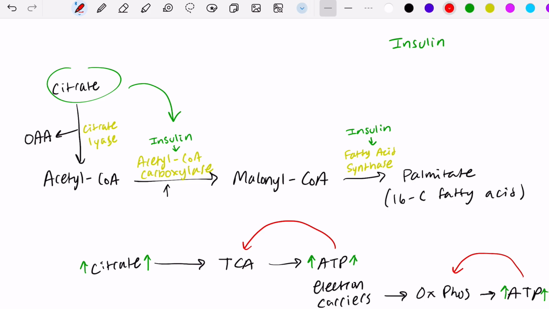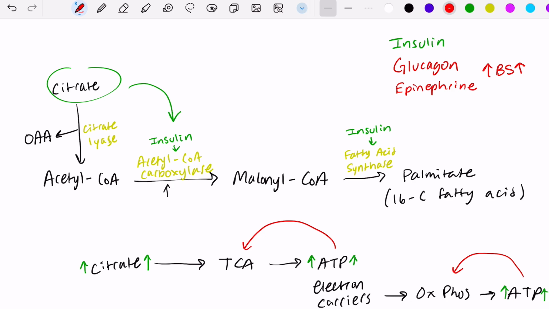Okay, so now let's talk about some hormones that would inhibit the fatty acid synthesis process. Number one is going to be glucagon, okay? So glucagon, epinephrine, norepinephrine, these hormones are all about raising the blood sugar, raising the blood glucose level so that maybe we're really hungry, we need to get some glucose back in the blood, or it's a fight or flight situation where it's like, get glucose in the blood now so I can run away from this thing or I can fight this thing.